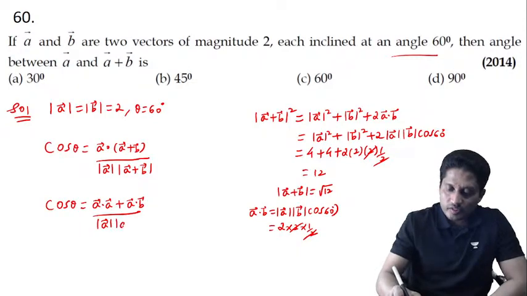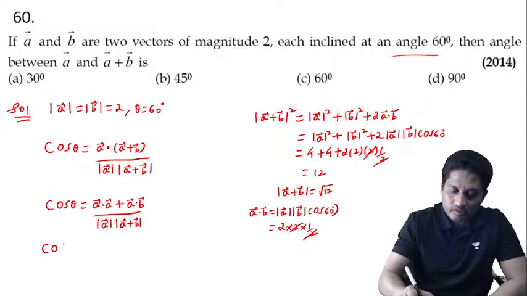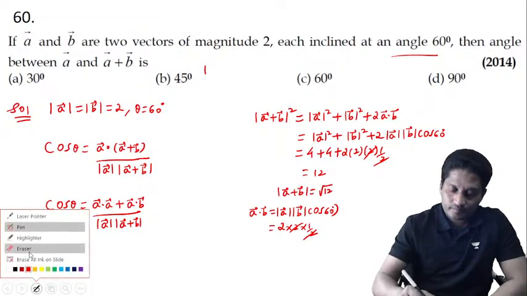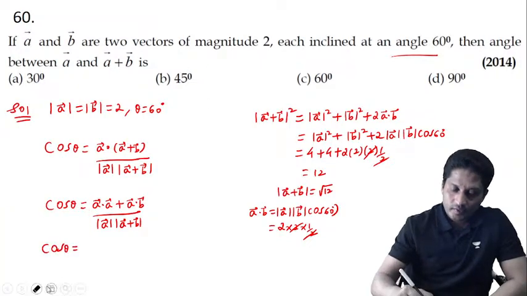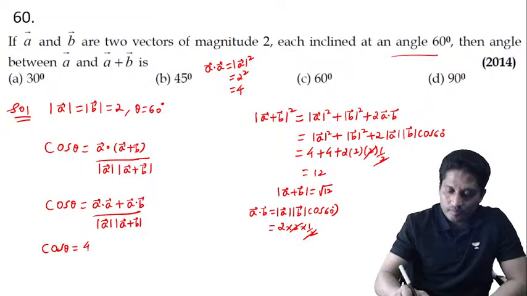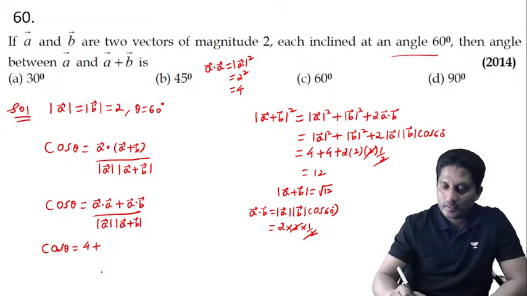Alright, now if I substitute the values, cos theta is equal to A dot A, which is mod A the whole square. Modulus of A is 2, so this is 2 square, which is equal to 4. And this is 4 plus A dot B will be equal to 2.